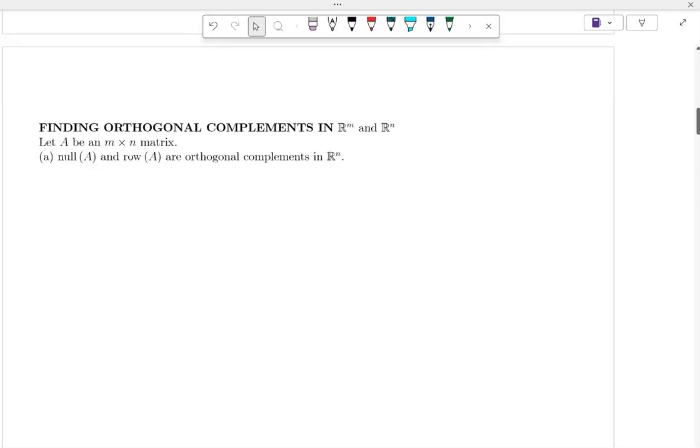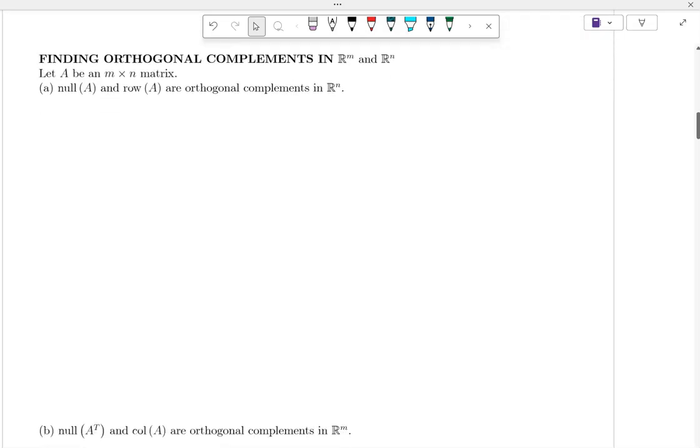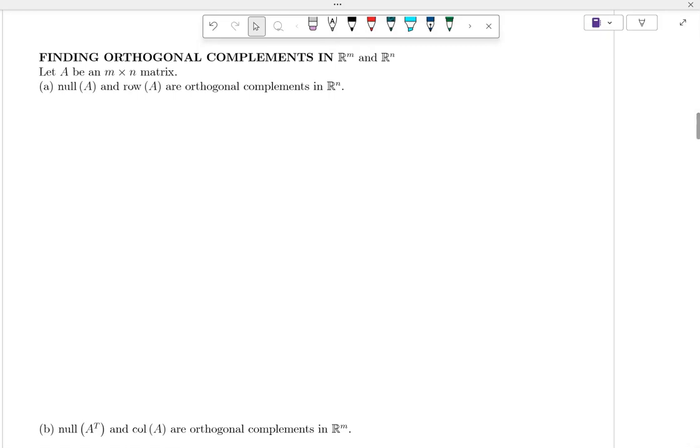What I do want to talk a little bit about is how we find orthogonal complements, because this will be important with our idea of least squares. It turns out that the null space of A and the row space of A are orthogonal complements in Rn.